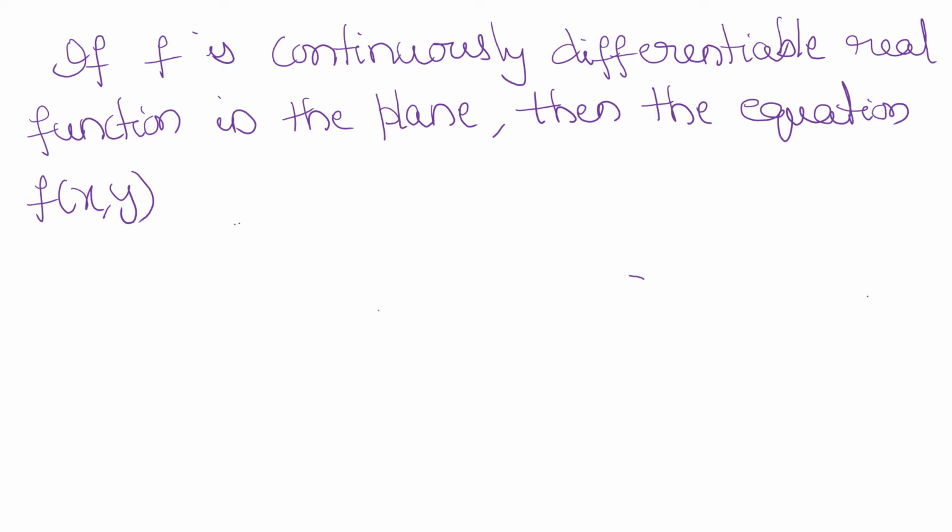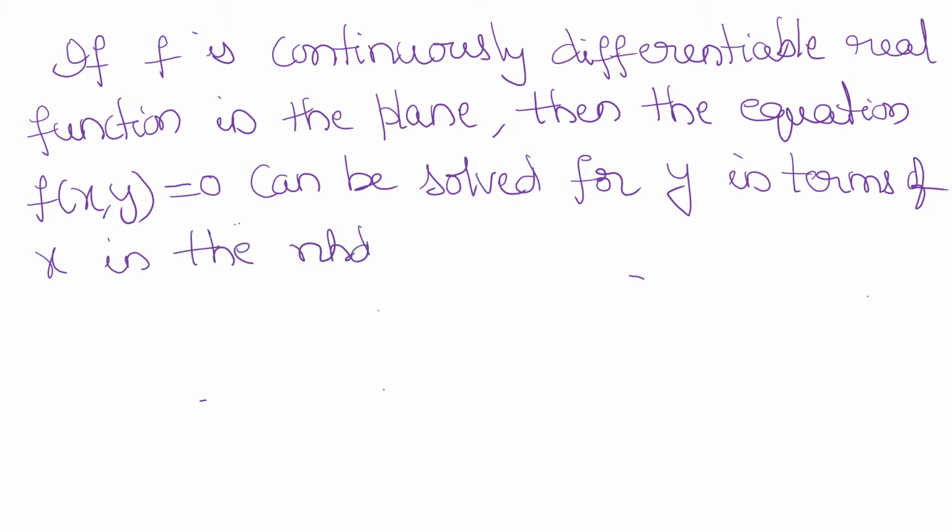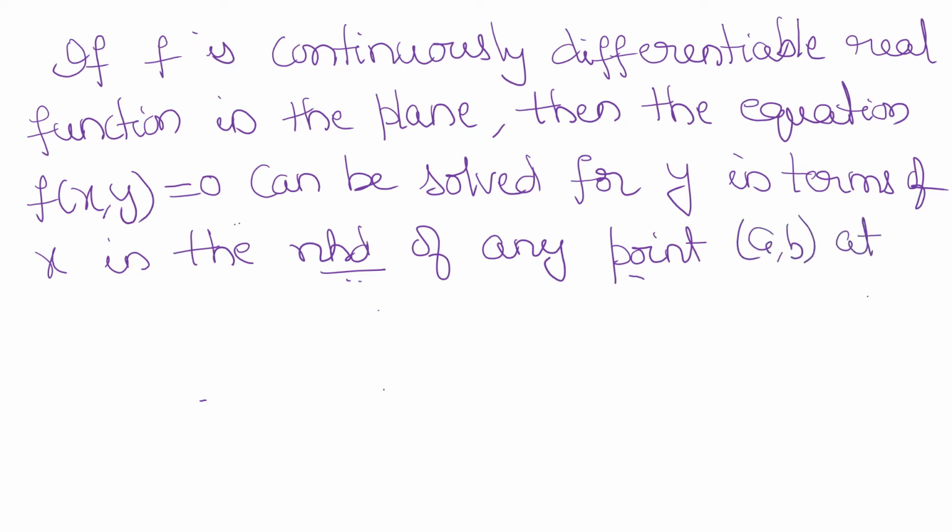Then the equation f of x comma y equal to 0 can be solved for y in terms of x in the neighborhood of any point (a, b) at which these conditions are satisfied.